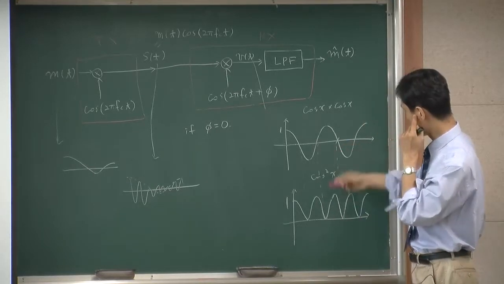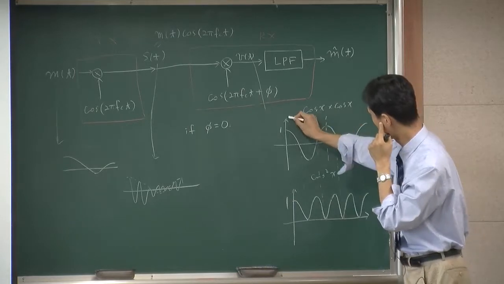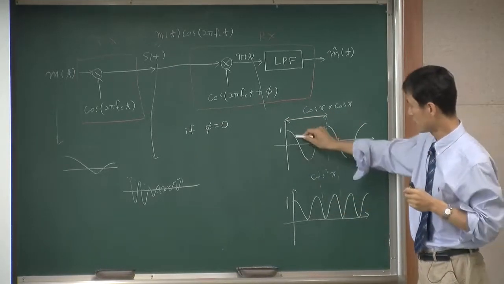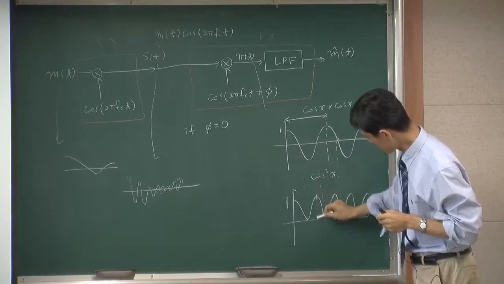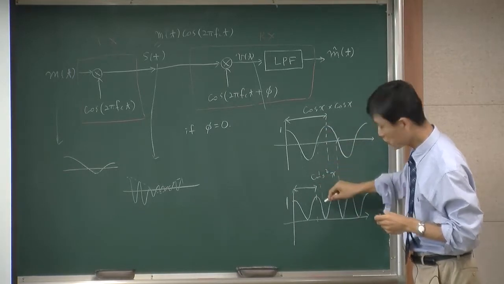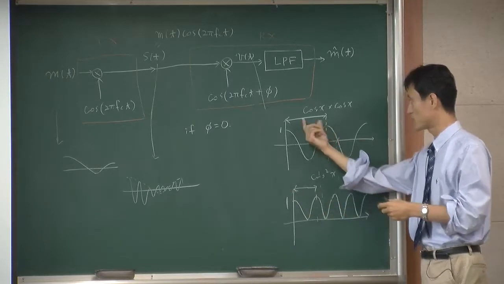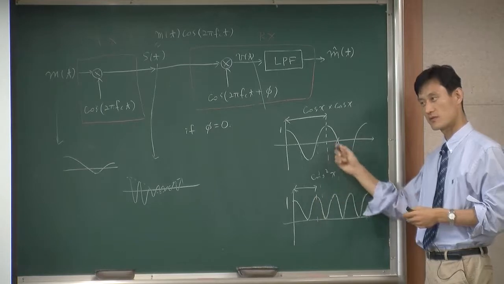Look at the period. What is the period? This is the period of cosine. But in this case, here is the period of cosine. So it looks 2 times faster, right? Because the period becomes shorter. It becomes half, right? Do you see the difference?